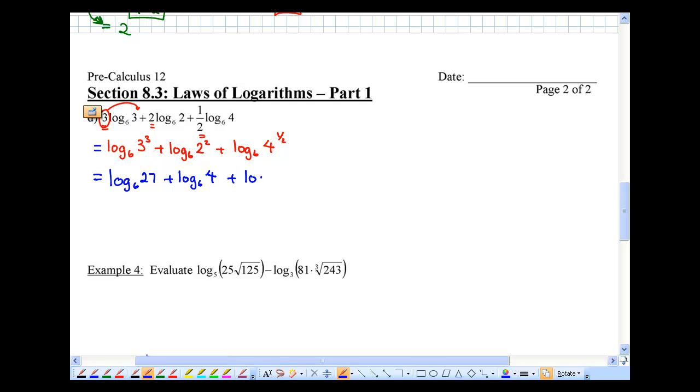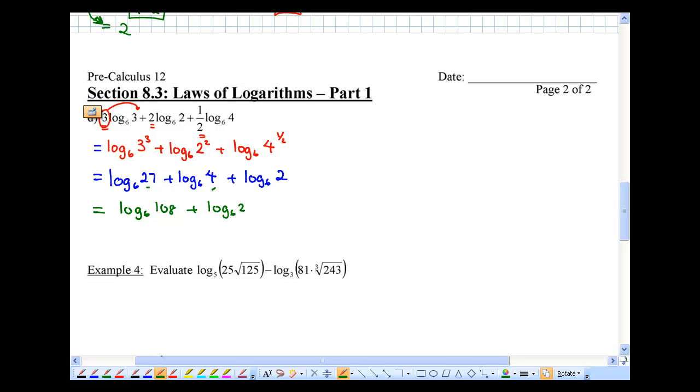And 4 to the power of 1/2, that's like the square root of 4, that's just equal to 2. This is all plus, so I guess we can just multiply them together. So 27 times 4, what's that, 108. Log base 6, 108. And then we have still log base 6, 2.